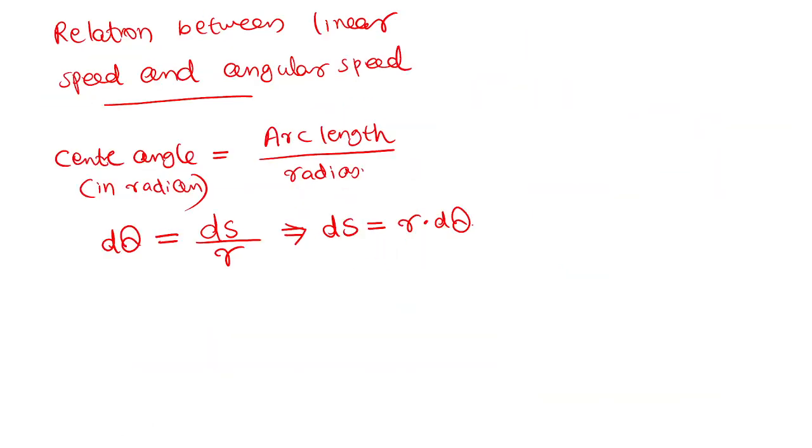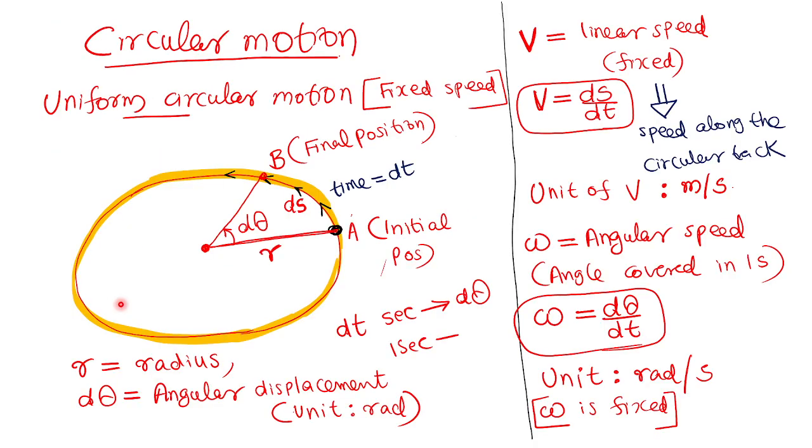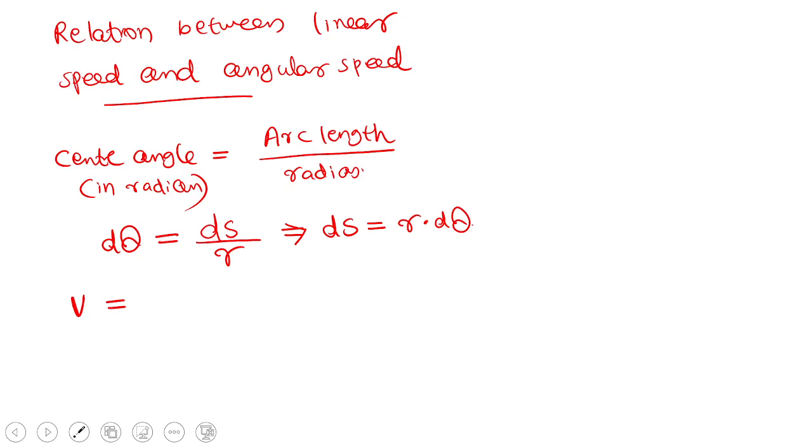Now I am going to write the formula of linear speed. Linear speed I have already discussed: ds by dt. In 1 second, how much distance I travelled. ds by dt is v, so v equals ds by dt.